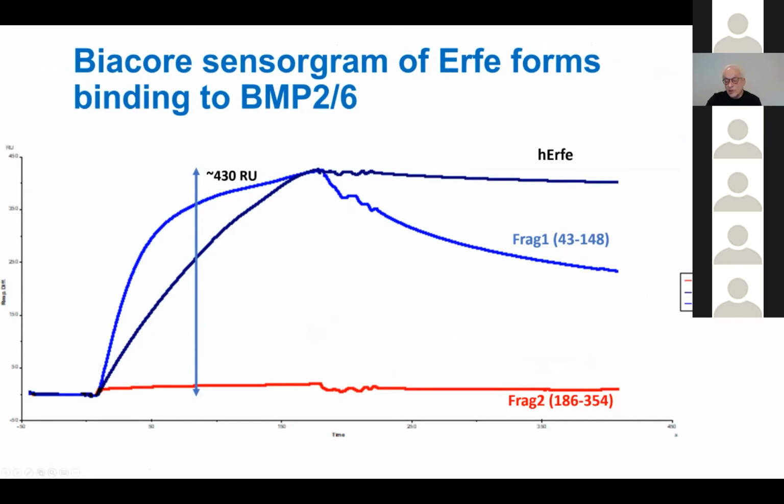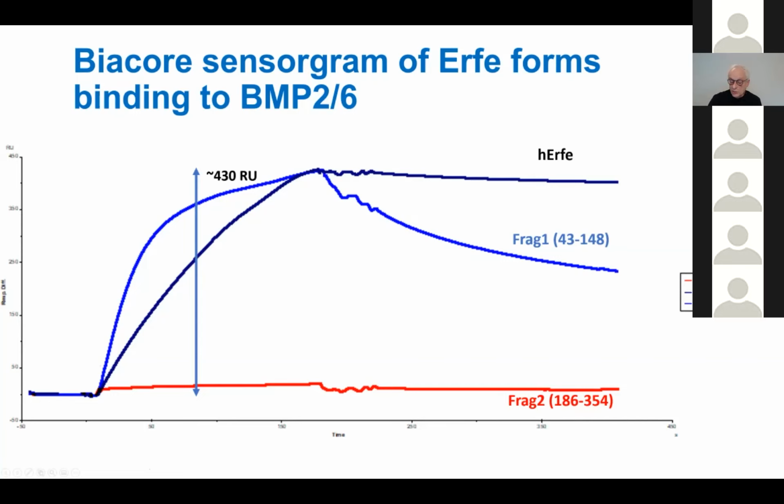The C-terminus does not interact with the surface, but both the whole protein and the N-terminal extended part strongly interact with the BMP2/6 heterodimer, as well as with BMP2 and BMP6 individually, and probably with several other BMPs.